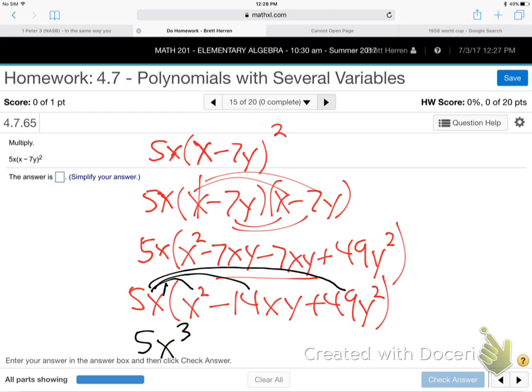Powers add, right? And there we go. Does that make sense? Everybody okay with this? So this is a pretty tricky one, right? When you have the 2 on the parentheses, you write 2 parentheses, FOIL it out, gather like terms, and then you let the 5x go through afterwards.